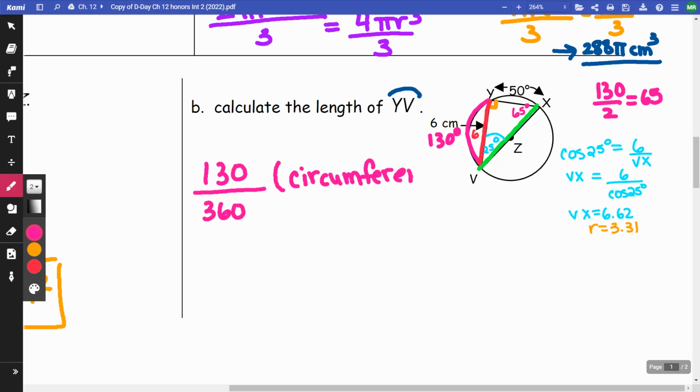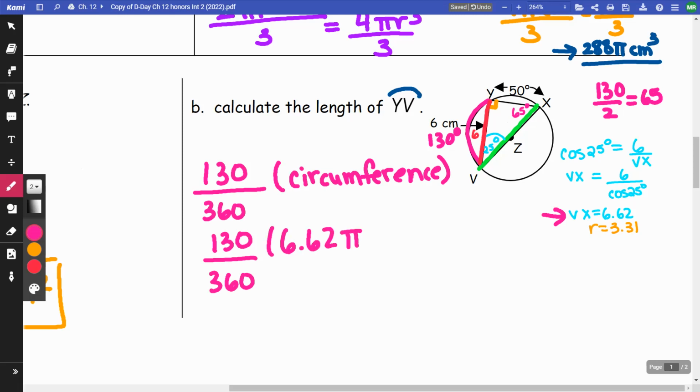And circumference is going to be 2 pi r, or basically pi times diameter. So I am going to be using this 6.62. So it's going to be 6.62 pi is going to be my circumference. And when I put that into my calculator, I am going to get about 7.51 centimeters. Okay, this again is an approximation.